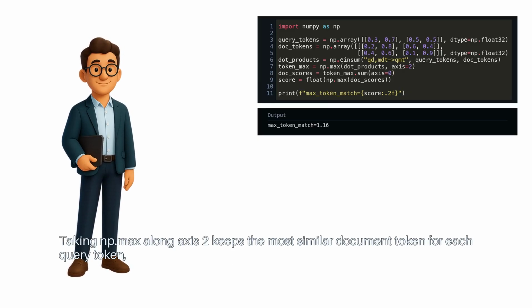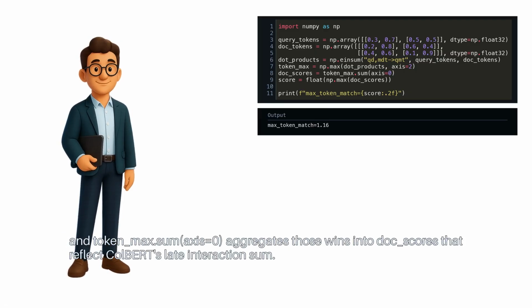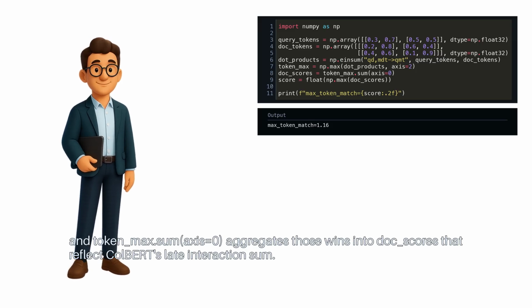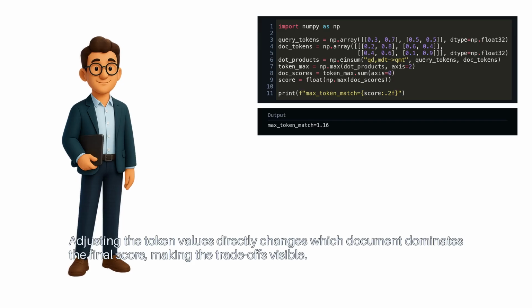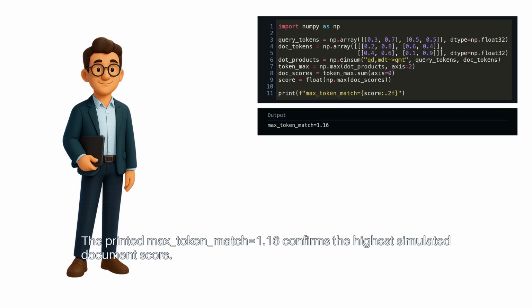Taking np.max along axis 2 keeps the most similar document token for each query token, and token_max.sum(axis=0) aggregates those wins into doc scores that reflect ColBERT's late interaction sum. Adjusting the token values directly changes which document dominates the final score, making the trade-offs visible. The printed max token match equals 1.16 confirms the highest simulated document score.